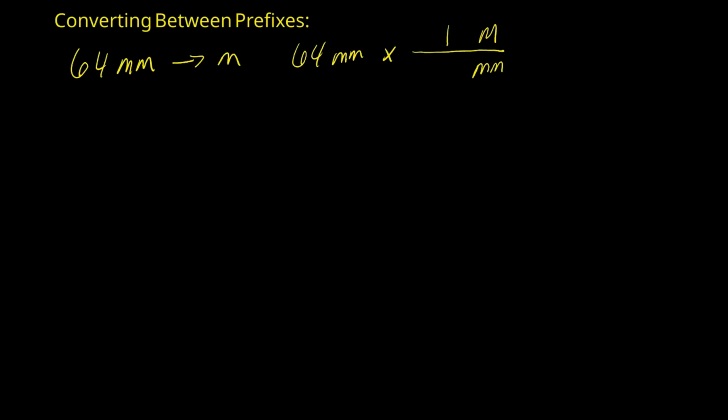It's 10 to the 0. Millimeter is 10 to the negative 3. I will say 10 raised to a power of the difference between the base unit and the millimeter here. So if this is 10 to the 0 and this is 10 to the negative 3, there's 3 powers of 10 difference. So I'm going to put a positive 3 here, like that. So therefore, when I do the math, I would get 0.064 meters.